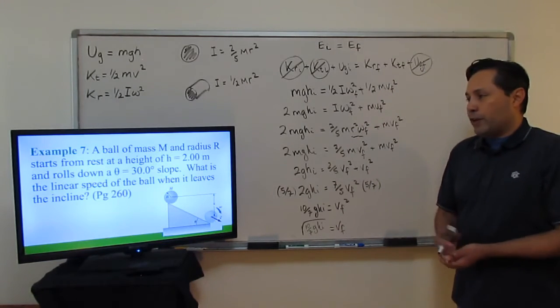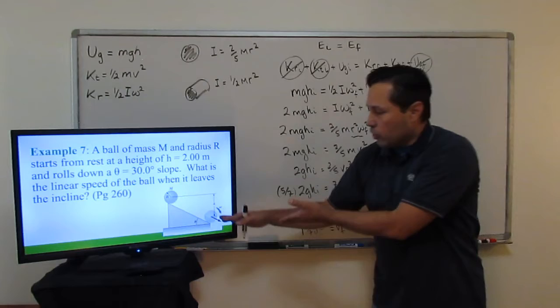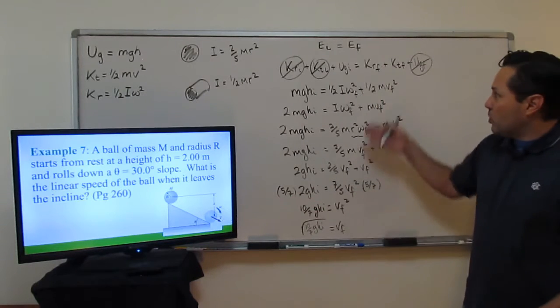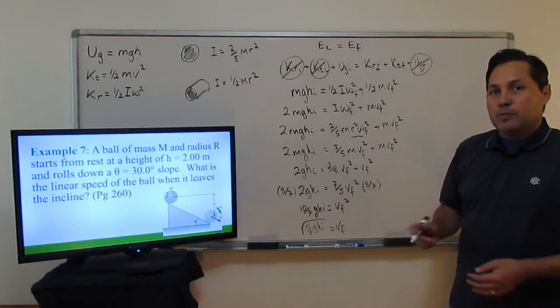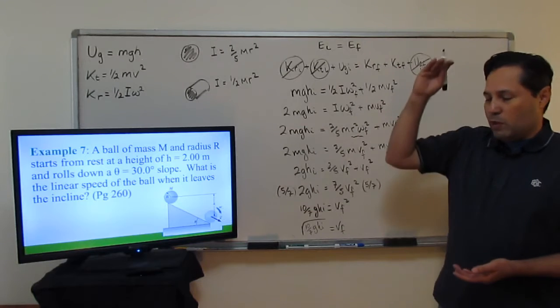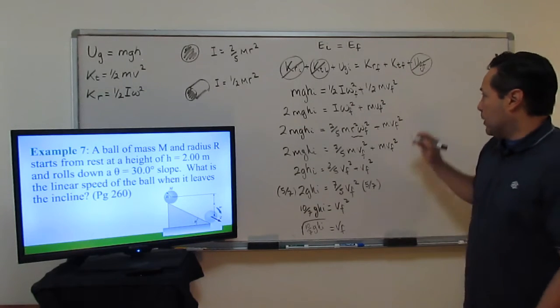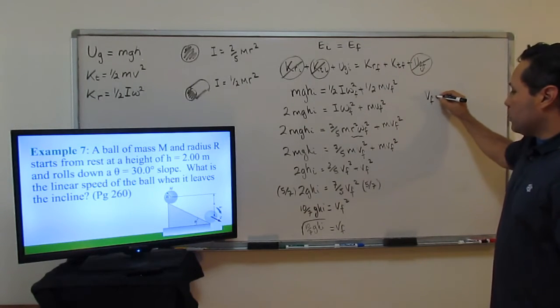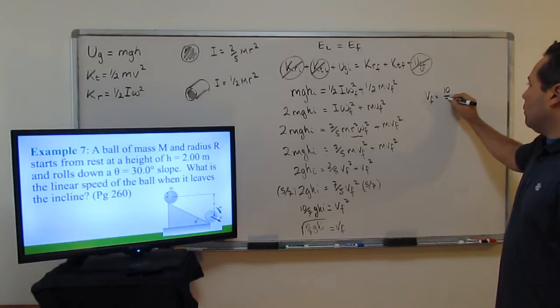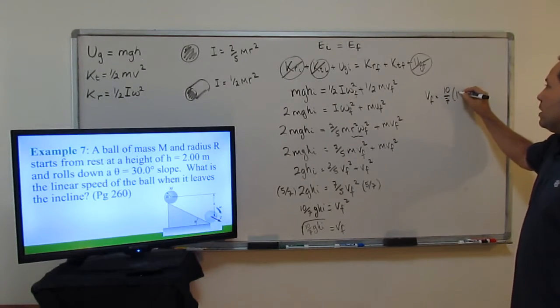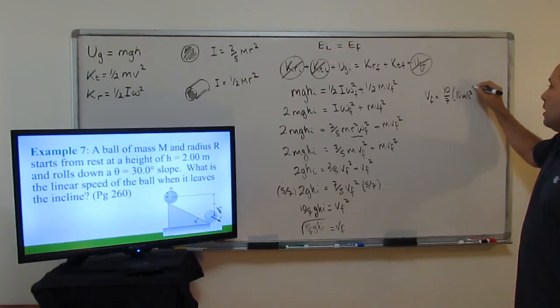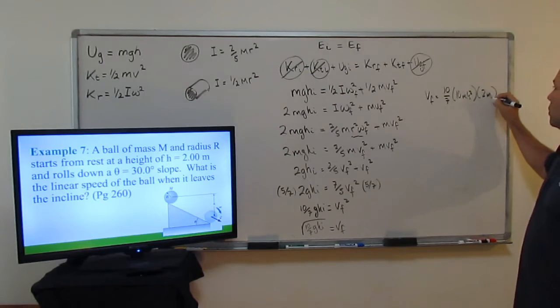That's what we're going to use to figure out the velocity as the ball is rolling off of the ramp. Again, what about the 30 degrees? Irrelevant. The slope does not really matter. So unless you went down 2 meters, that will be your formula. Alright, so velocity final is going to be square root of 10/7 multiplied times gravity, 10 meters per second squared, and the height was 2 meters.